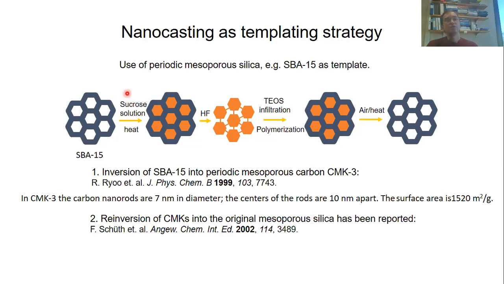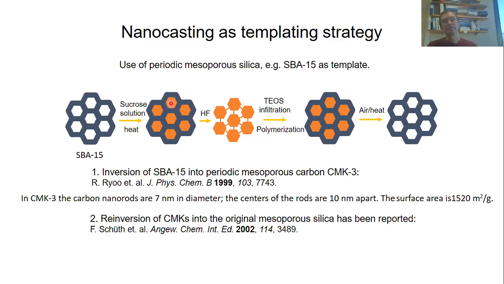Once your sucrose is infiltrated as an aqueous solution into the pores, you can just heat this composite material, and then your sucrose will carbonize. That's the thermal property of sucrose. And you will have your pores filled with carbon. You may actually have to do this process more than one time in order to fill the silica pores completely with the carbon.